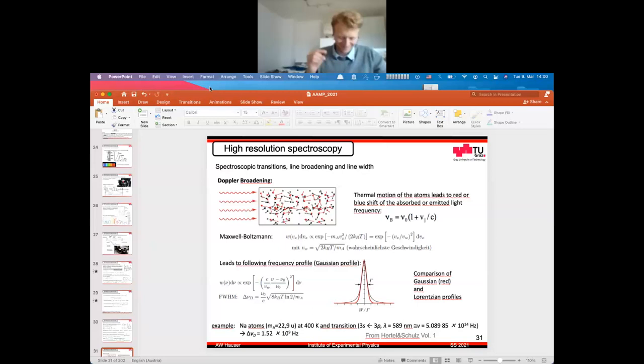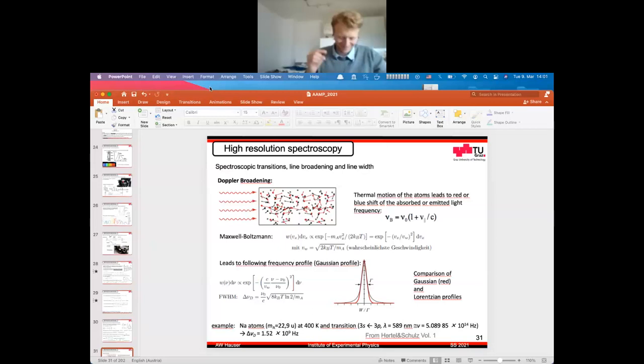What's written down here is just that if you have an excitation from some lower level, this is often denoted as I, as initial level. So here you can see the index I means initial, and then often they say F for final, but sometimes they also just continue in the alphabet, skipping the J and going to K. So K is then the upper state level, and both of them have some lifetime tau.